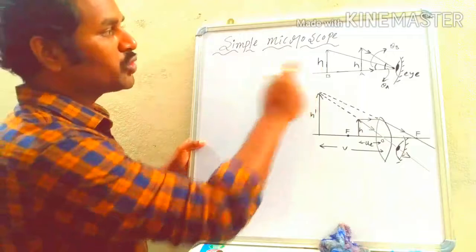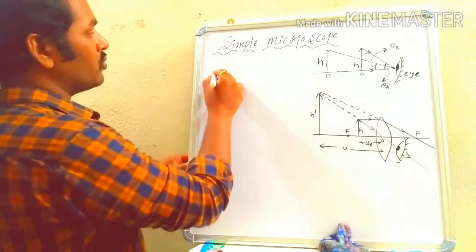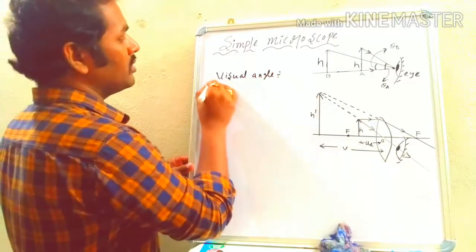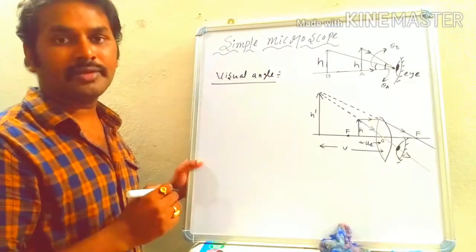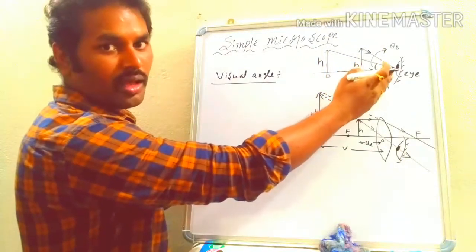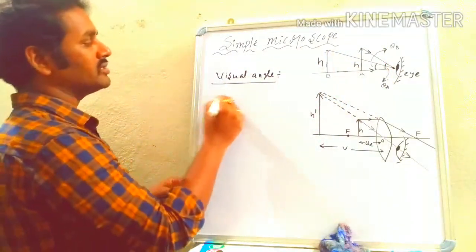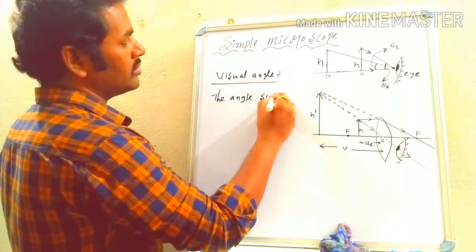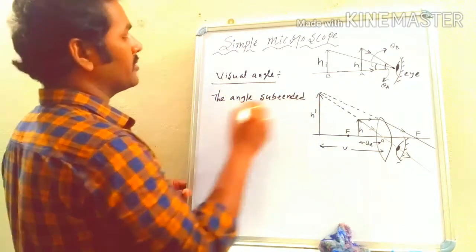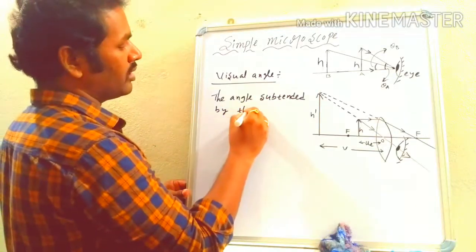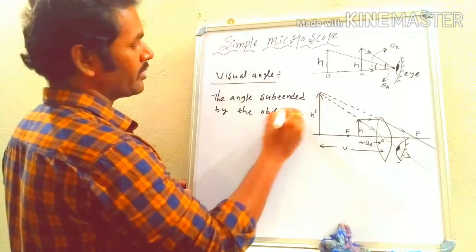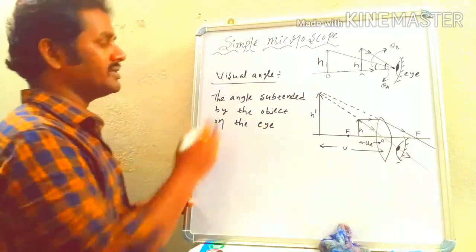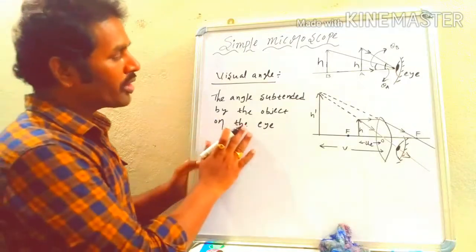Right. So you can write what is visual angle. The angle subtended by the object on the eye is called the visual angle.